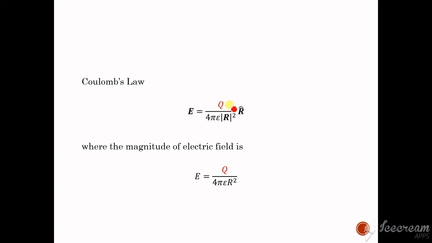The direction will be from the charge to the point of interest, as notated by the unit vector over here. And as you can see over here, this will be the magnitude of the electric field.